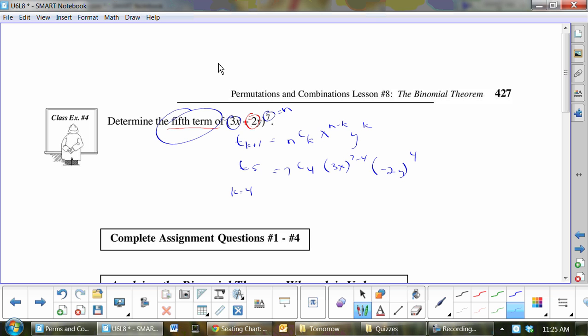Okay, so 7C4, that's 35. 3 to the 4... I should say 3 cubed, which is 27, so 27x cubed. And negative 2y to the fourth is negative 2 to the fourth, which is 16, y to the 4.